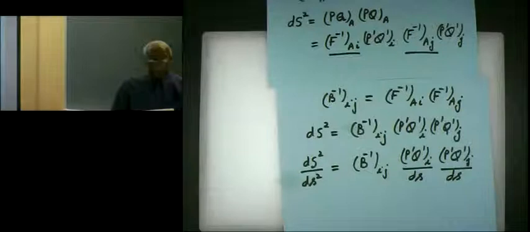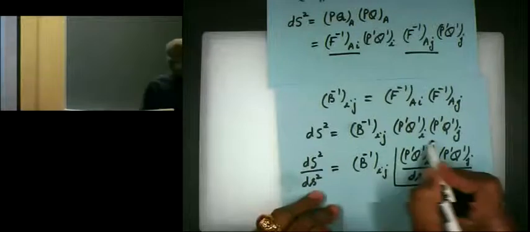So I'm dividing by ds square both sides. It's little ds. That means the length of P prime Q prime, or the length of the vector in the deformed state. Deformed state, or present configuration.